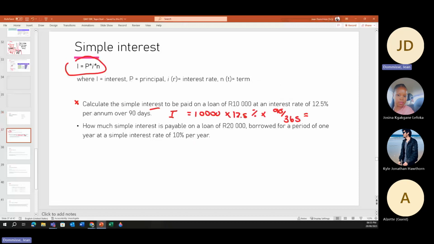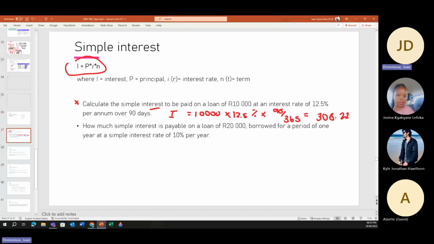Okay, so that is straightforward. You don't need to use any specific calculator for that. You can just work out 10,000 times 12.5% times 90 divided by 365. And that answer would be something like 308 Rand and 22 cents.